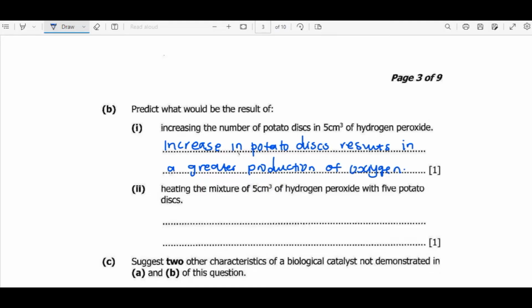We are just going to increase the temperature until we reach the optimum point where the enzymes can work effectively. So for this one, we are not expecting to have denaturing. We just want to give them the amount of energy needed for enzymes to work effectively. So this one will also result in a greater production of oxygen.